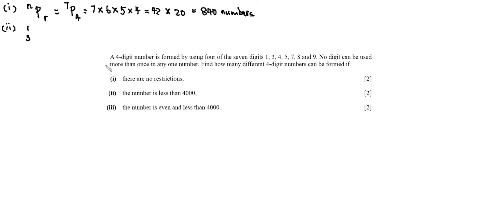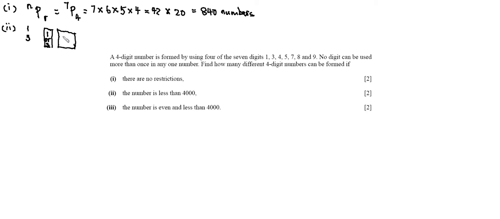Now, how would you do this permutation? Let's split the 4-digit number into 2 blocks. The first block consists of either 1 or 3. The second block can be any remaining number.